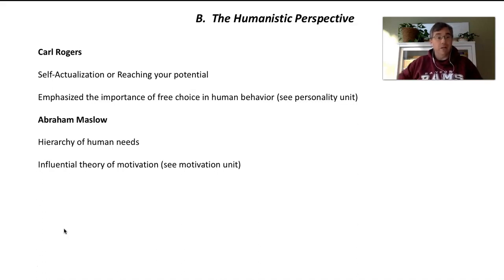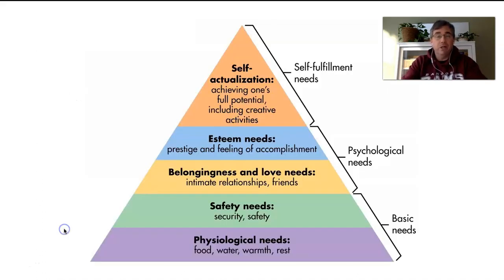So if any of you here are going to become a teacher, you're going to learn about Abraham Maslow's hierarchy of needs, which is right here in this pyramid. In order to climb to the top of the pyramid, to be a person that reaches your full potential, you have to meet the needs of the lower level of the pyramid first.